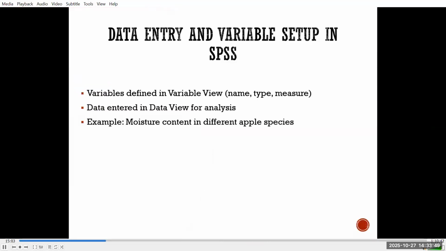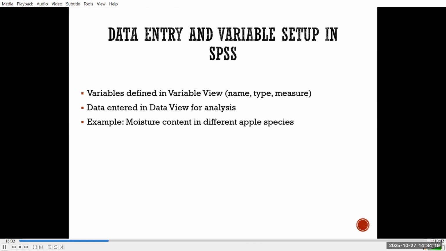Let's go for the data entry and variable setup in SPSS. In SPSS, we first define the variables in Variable View, like the name, type, and scale of the variables, such as nominal or scale. Then you enter the readings in Data View, like the moisture content, yield, or any other score in food processing parameters.